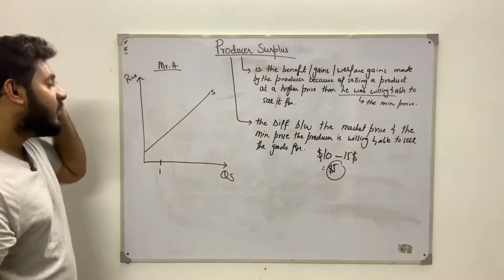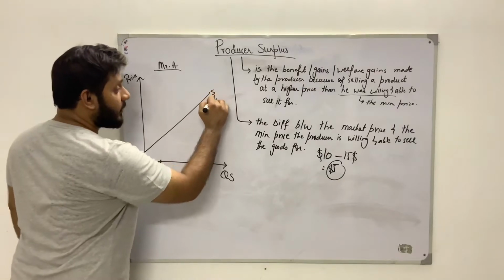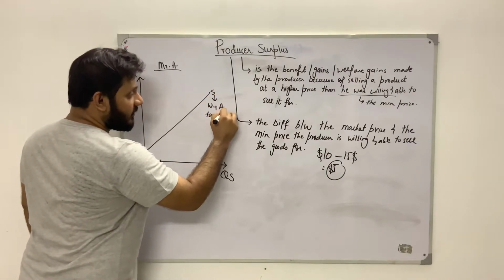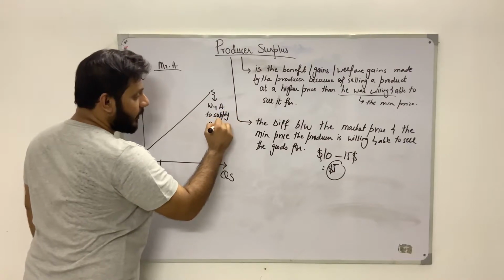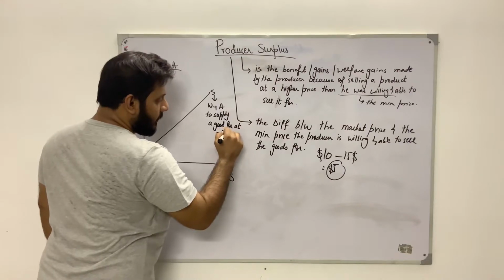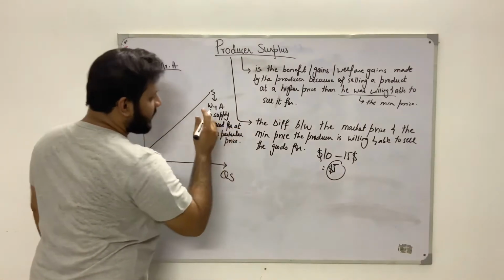So guys, we know that supply represents the willingness plus the ability to supply a good at a particular price. You remember the definition of supply.